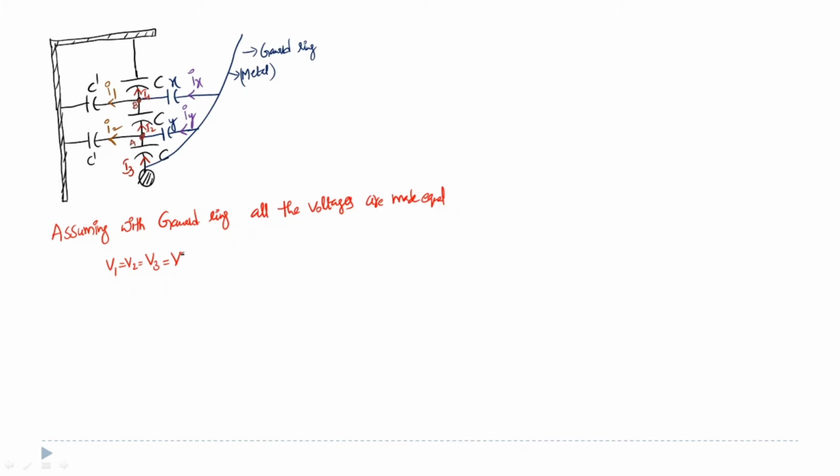Now, what is the voltage across this first link capacitor X?